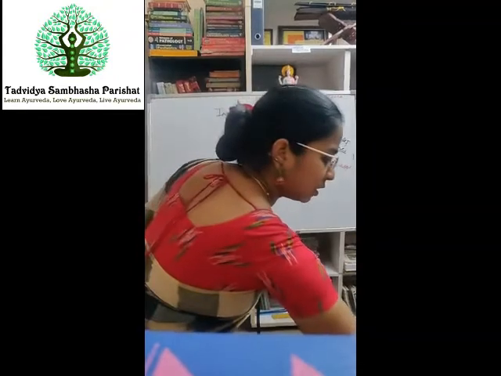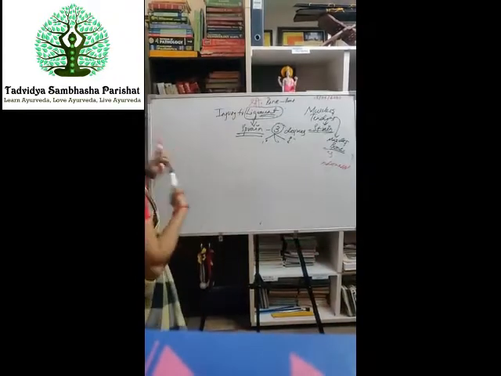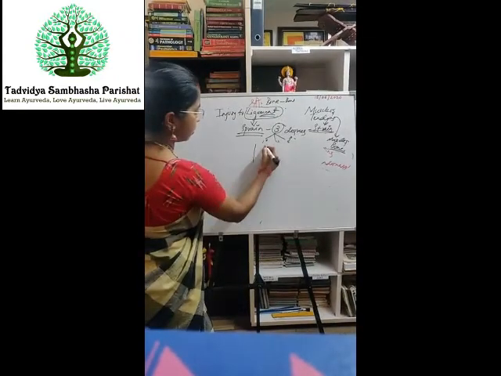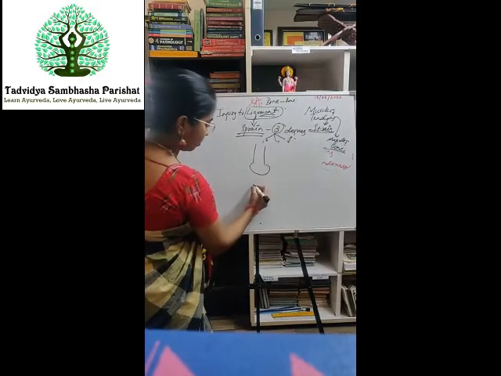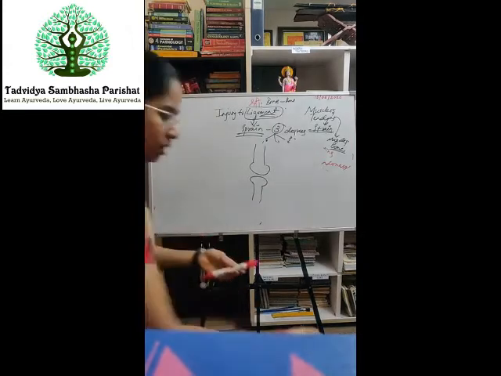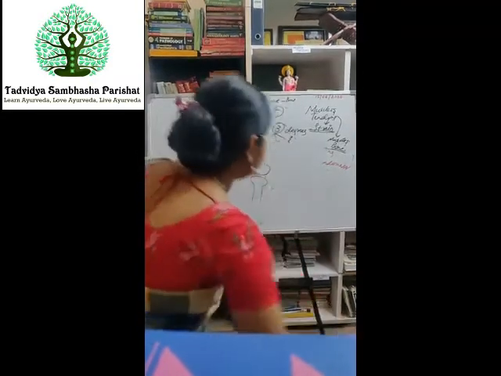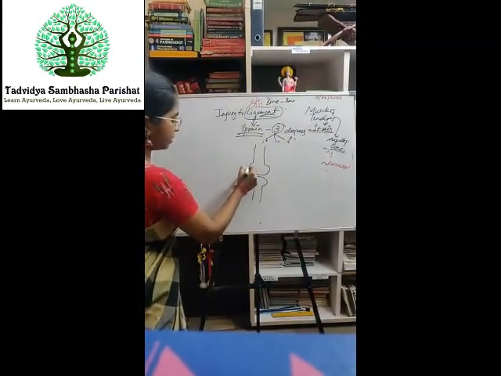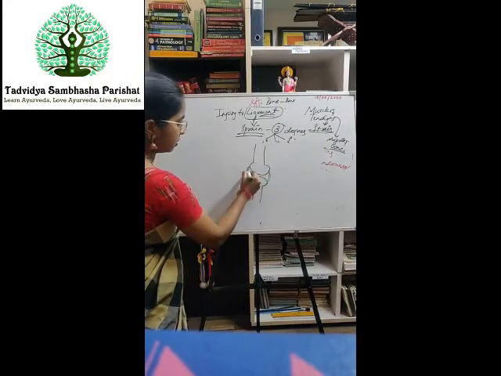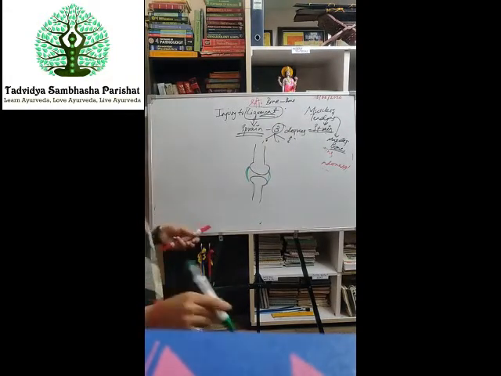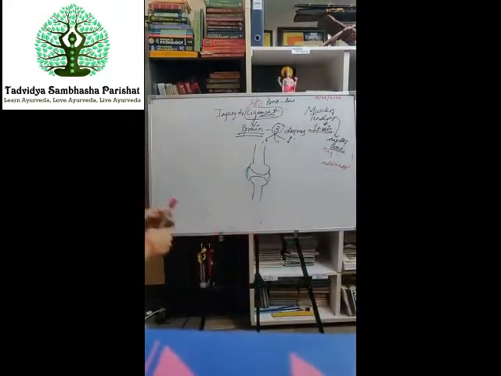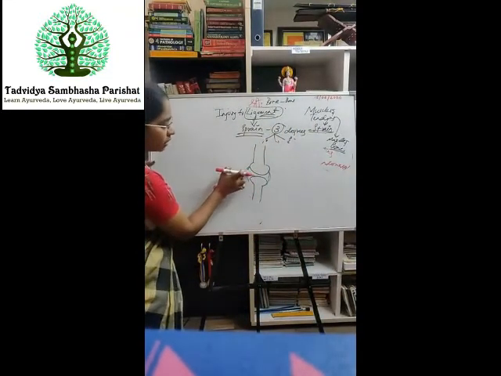Now suppose this is one bone, okay, and this is another bone. Now suppose this is the ligament. One way a ligament could tear is because of trauma. It could tear within its substance.